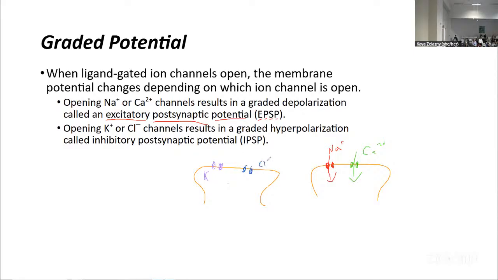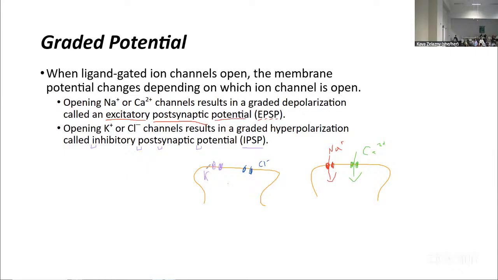We'll have a picture of it later. But it is the case that when we open either of these, we're going to have an inhibitory response. So an inhibitory postsynaptic potential, IPSP, because this is a membrane potential. So our IPSPs are inhibitory postsynaptic potentials, meaning we're going to have some type of a hyperpolarization.